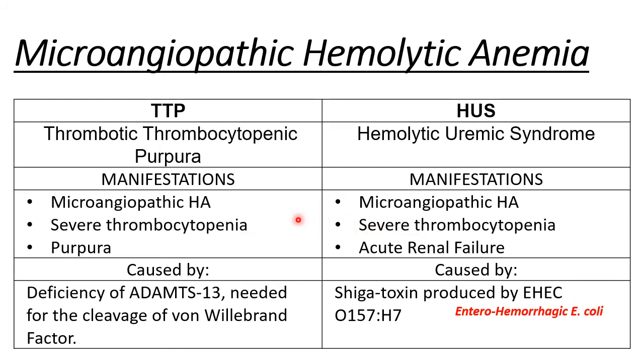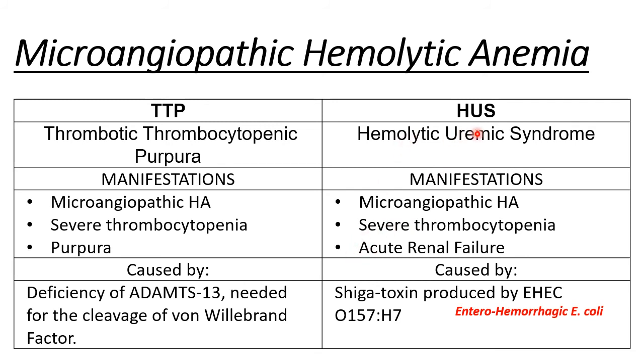Hahanapin mo ngayon yung another information, no, to finalize your diagnosis. Sa TTP, predominant dyan yung presence of your purpura. Ano ba yung mga purpura? Ito yung mga red to violet rashes sa skin caused by the bursting of your blood vessel. Dito naman, ang hahanapin mo is the acute renal failure.